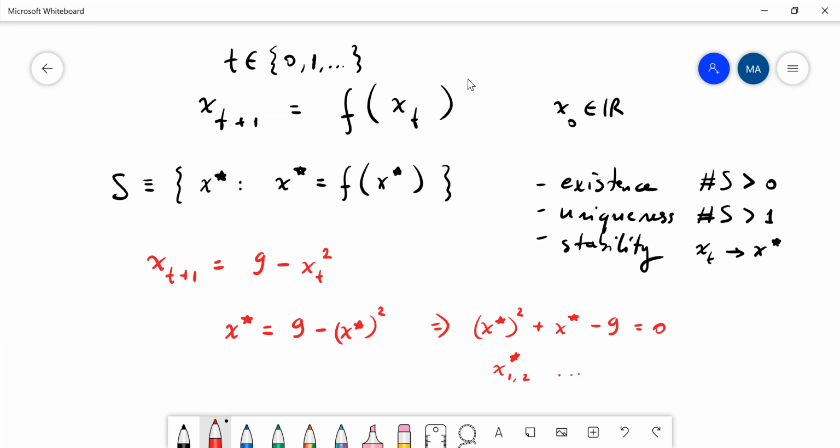Uniqueness is, again, about whether for a given f, you find more than one steady state. This is your f in this example, right? If you have more than one x value that satisfies this equation, and in this case, if the roots are real, you're going to have something like this. That's important.